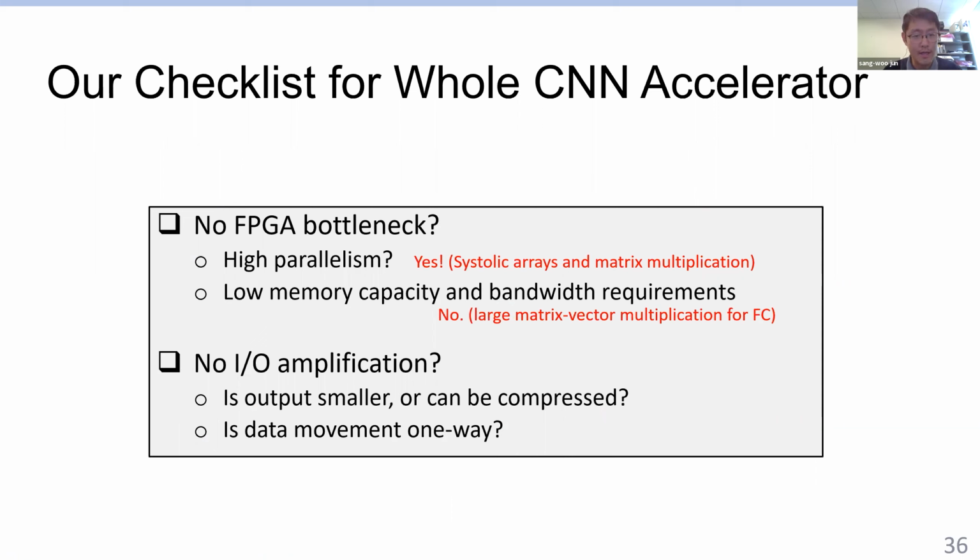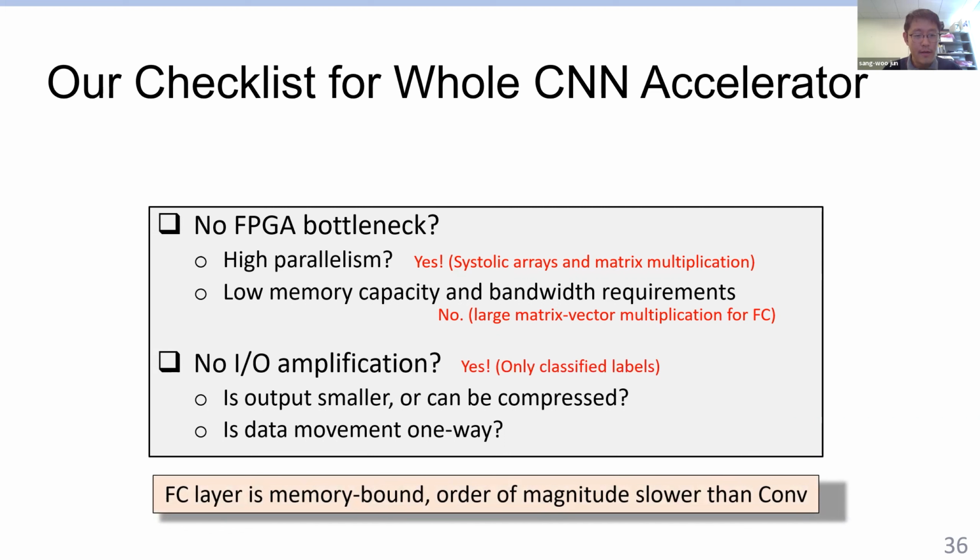It actually does not, because for fully connected layers, which are pretty much large matrix vector multiplication, with the meager memory bandwidth that these near storage accelerators have, we have noticed that fully connected layer inference typically becomes bound by memory bandwidth really quickly. Is there no I/O amplification? Yes. If you only send classified labels, then the data rate over I/O would be decreased significantly.